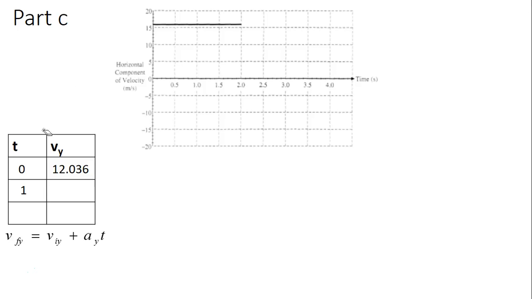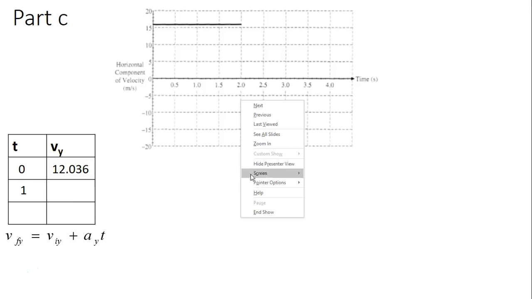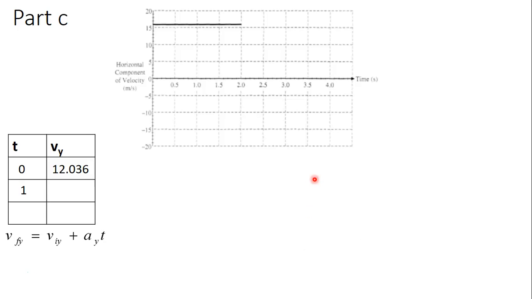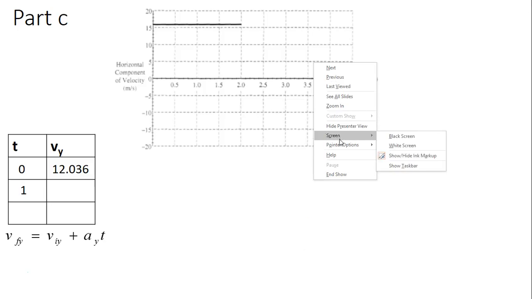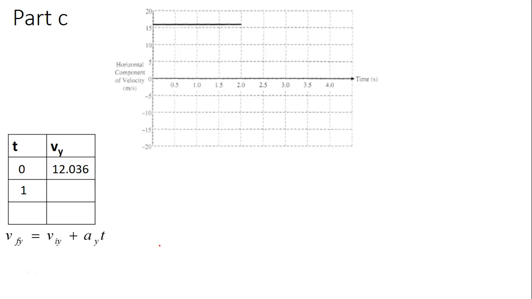So I would want to plug in 12.036 for VI, and then I know that the acceleration is negative 9.8, and I want to find its velocity at 1 second.